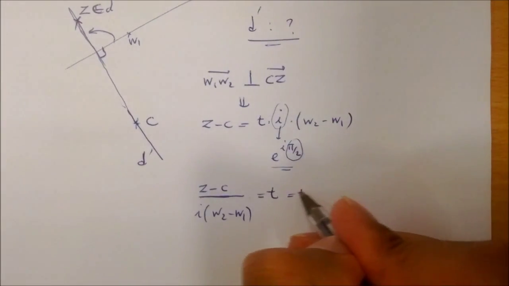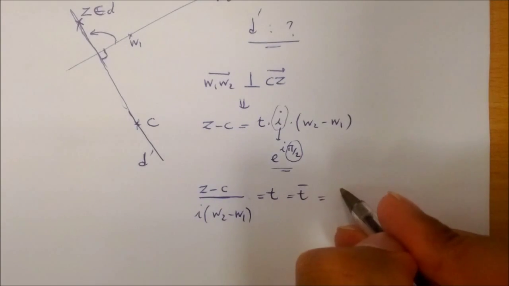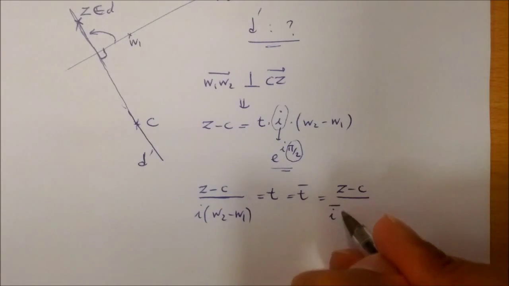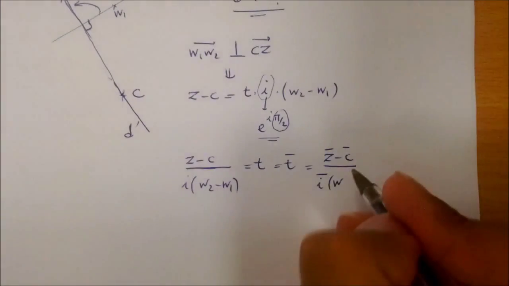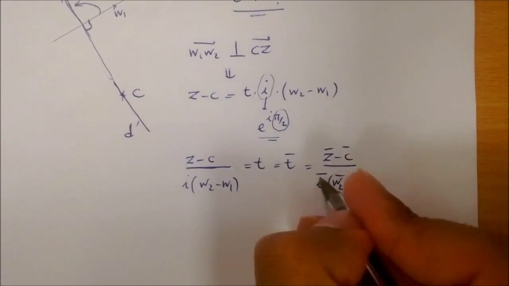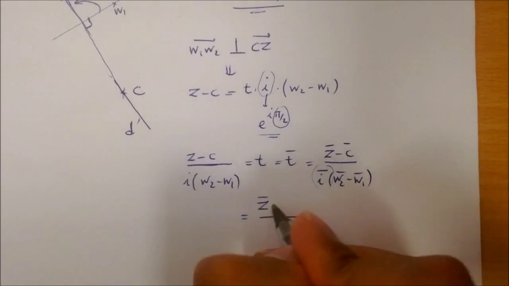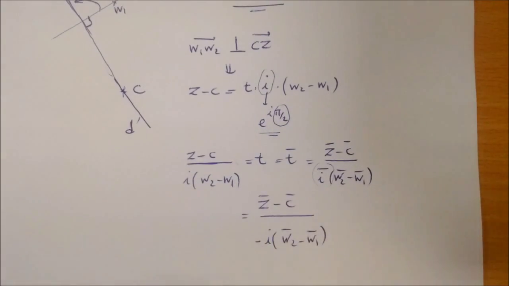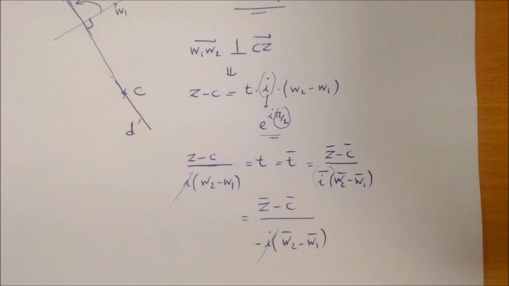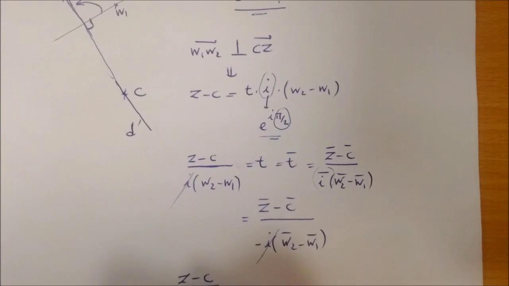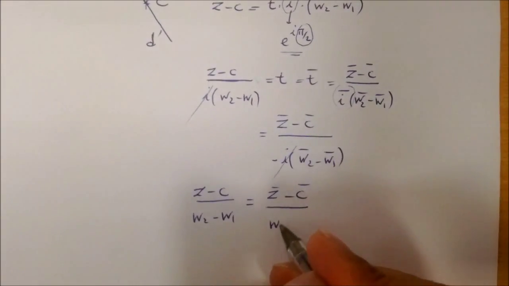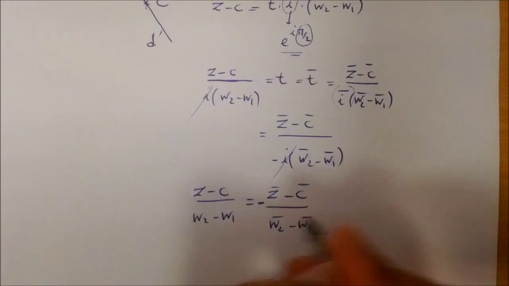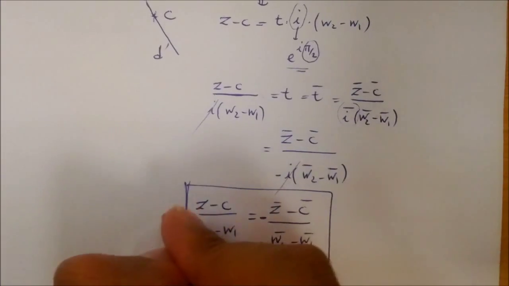And the same as before, t is a real number. So (z bar minus c bar) over (i bar times (w2 bar minus w1 bar)), where i bar is simply equal to minus i. And if I cancel out these two i's, I'll have this important equation as the equation of the line d prime.